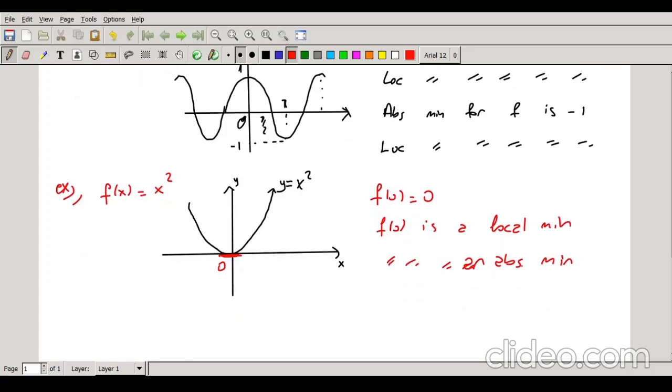And you can also observe easily that f has no absolute max. This is also directly from the figure, you can check.